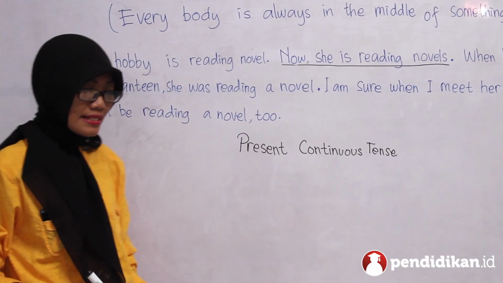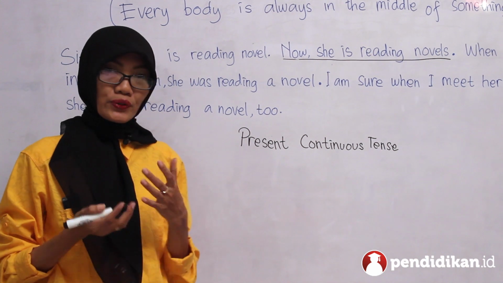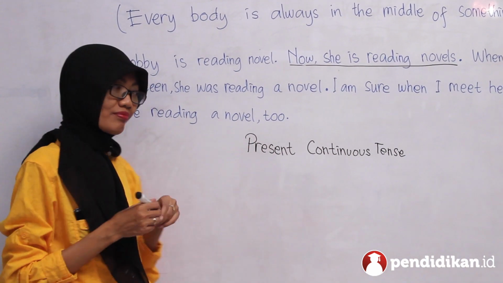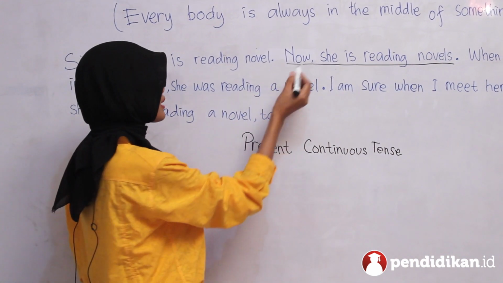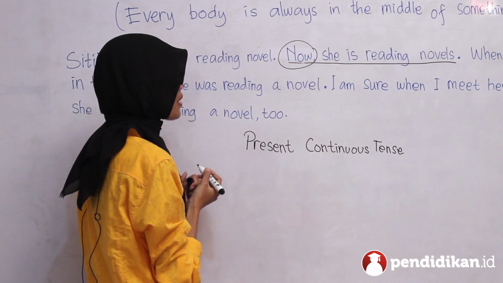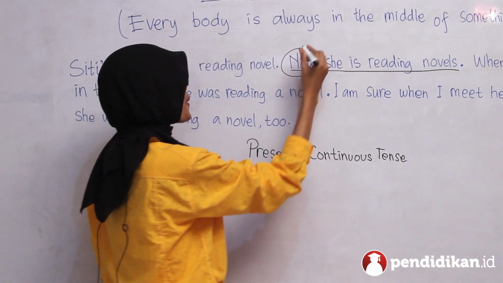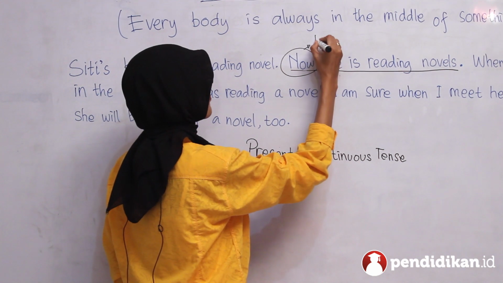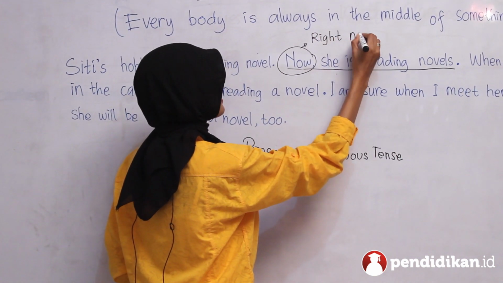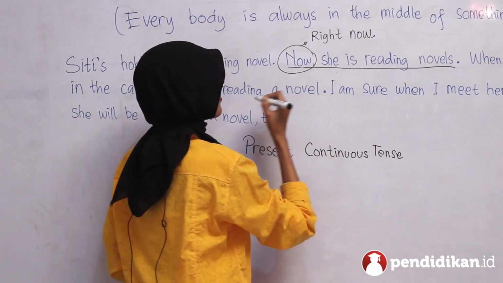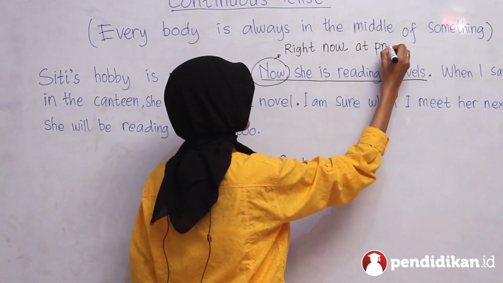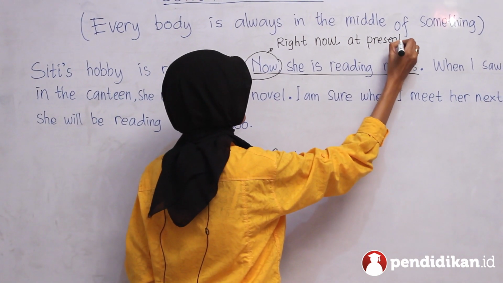Present continuous tense is used to tell what is happening now. So the time signal usually uses now. Besides now, we have right now or at present.